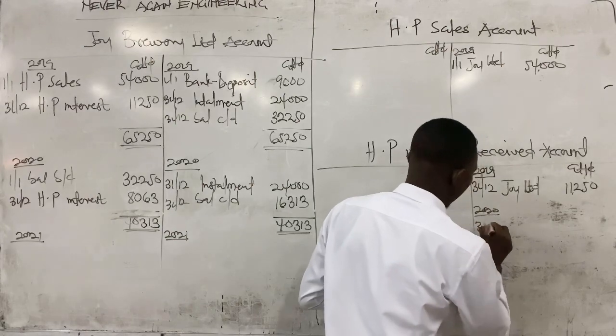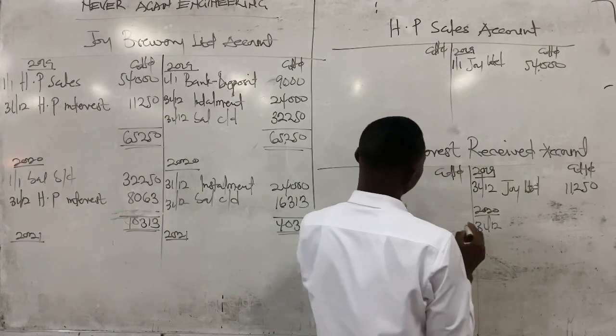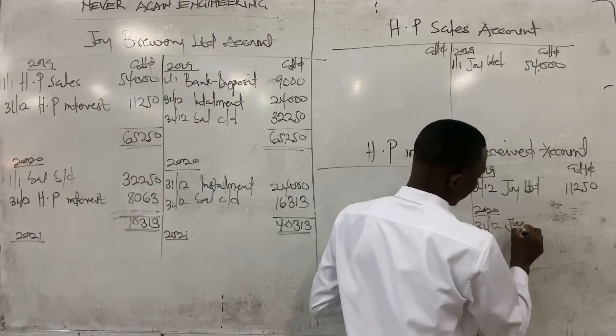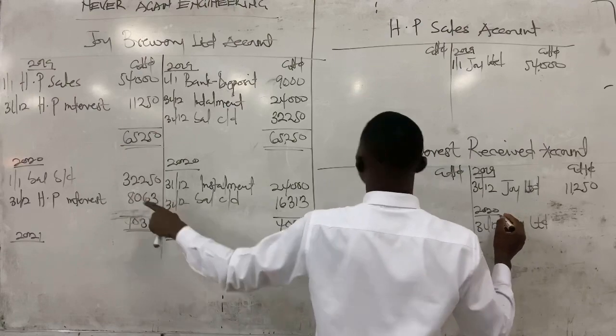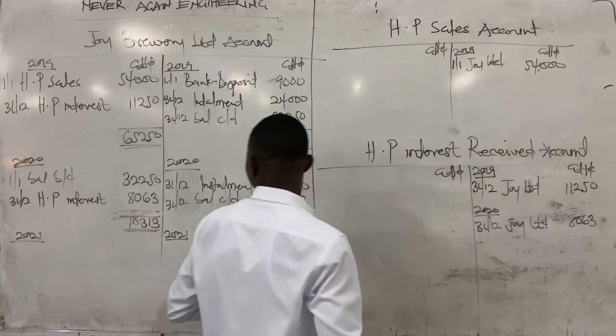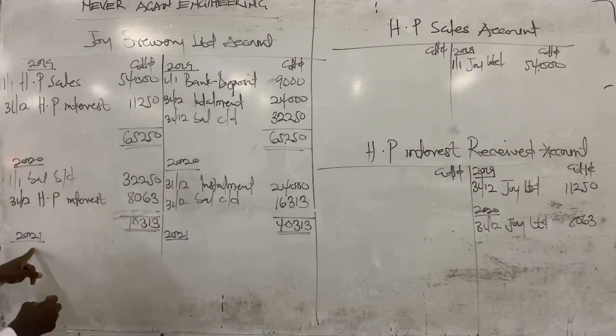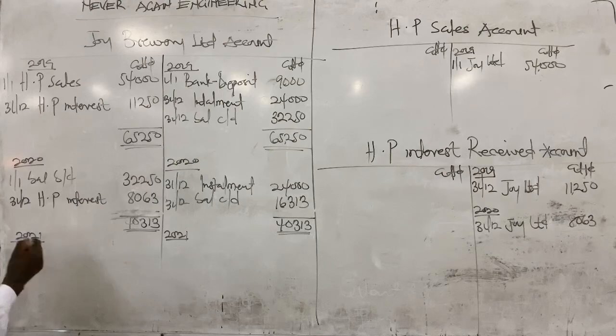At the end of the year, there was a hire purchase interest received from Joe Limited, and the amount is 8,063. Very good.